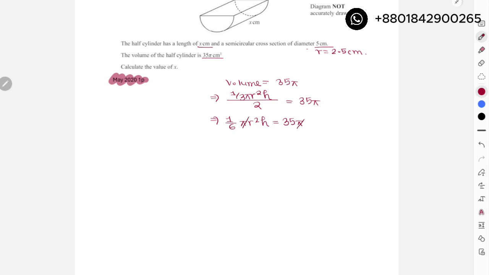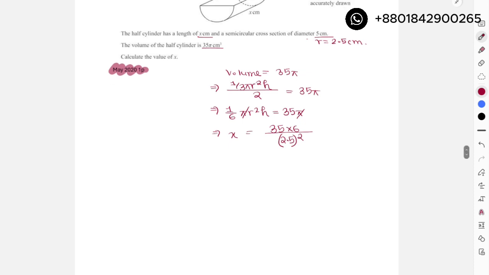Pi and pi cancel each other out, and the 6, when you take it to the right hand side, gets multiplied with 35. 35 times 6 is 210. And x is actually h. That means 35 times 6 divided by 2.5 square, where 2.5 was the radius, leaves you with 33.6.